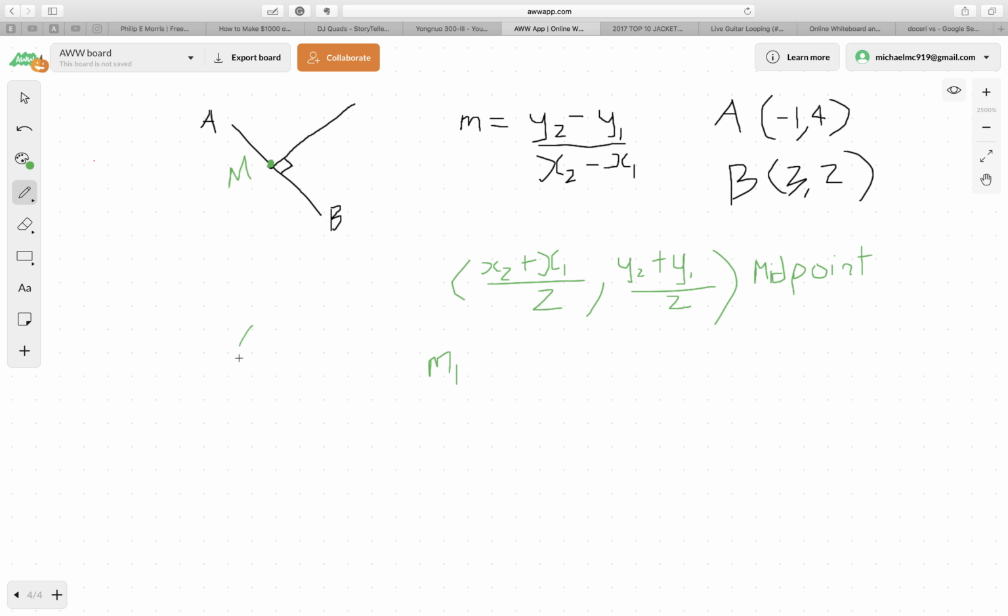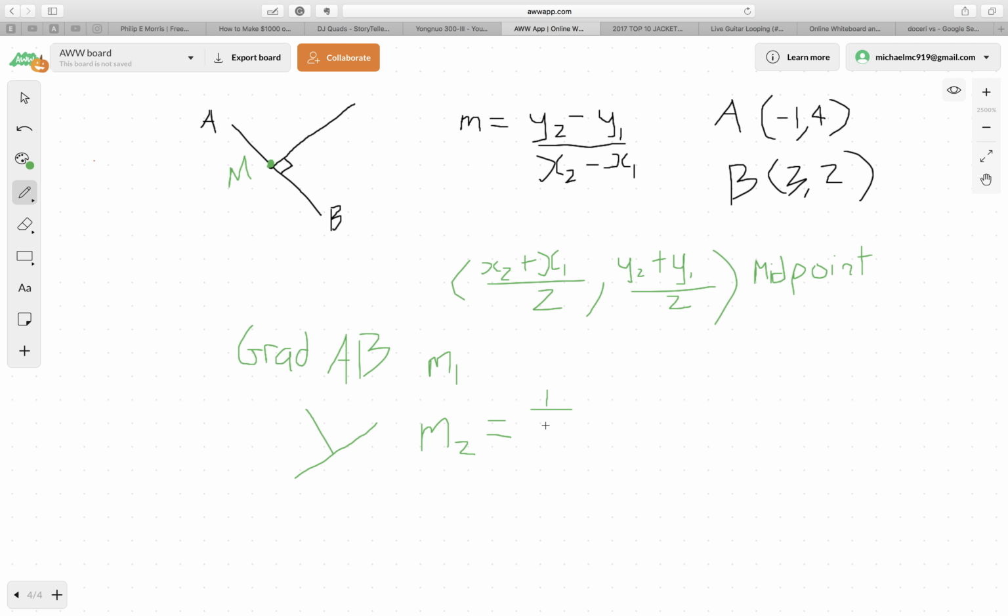So if the gradient of AB is m1, then for a perpendicular line to AB, the gradient, right, so the perpendicular bisector gradient would be m2, where m2 is equal to the negative reciprocal.